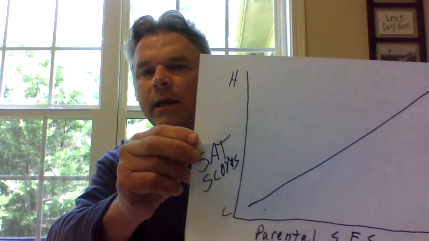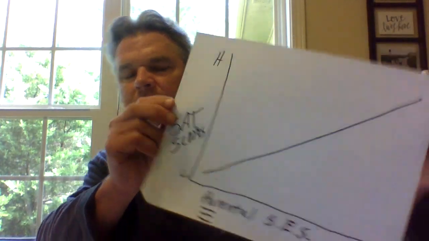Now say that a school makes it in to your data set that's downwind from a lead manufacturing plant. Okay?